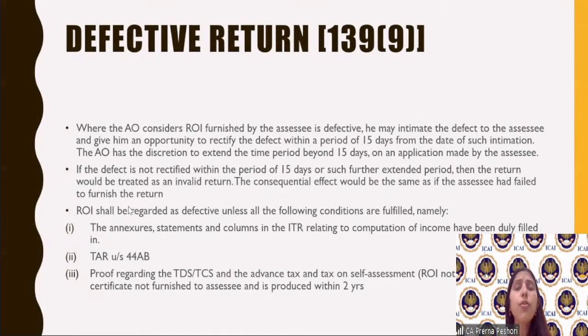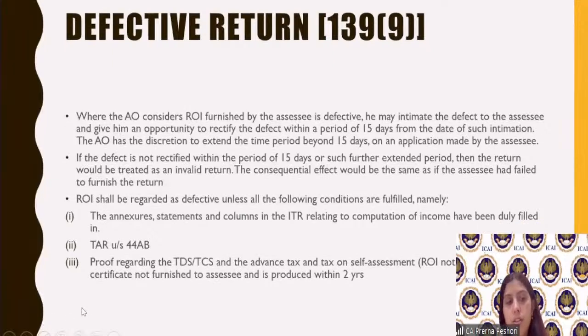Just because of a few arithmetical errors or small typographical mistakes which do not materially affect the return of income submitted by the assessee, it should not be treated as a defective return. Is that clear?